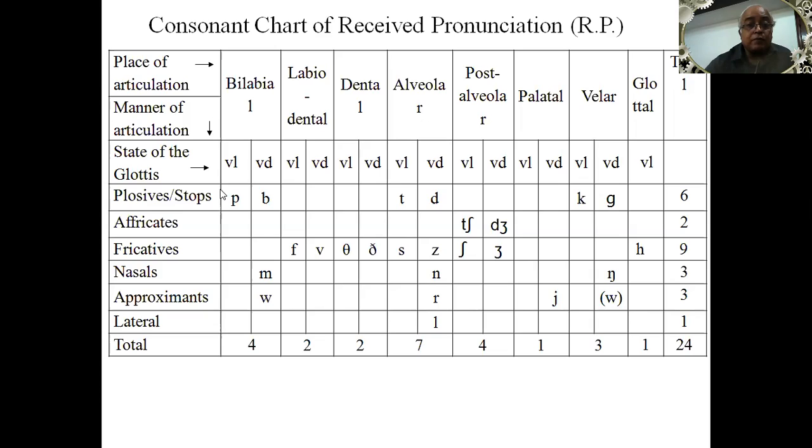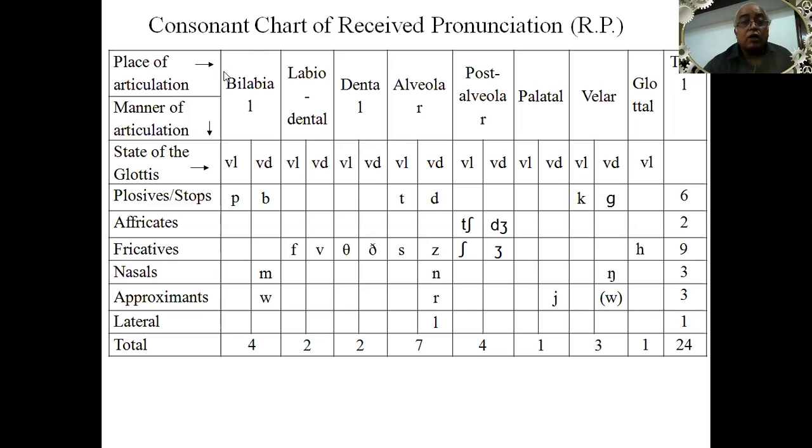Then we have b. It's a voiced sound because the vocal cords come in contact with each other, come very close to each other. They're loosely held together, and when the air passes through, there's a lot of vibration, and we have got a voiced sound.